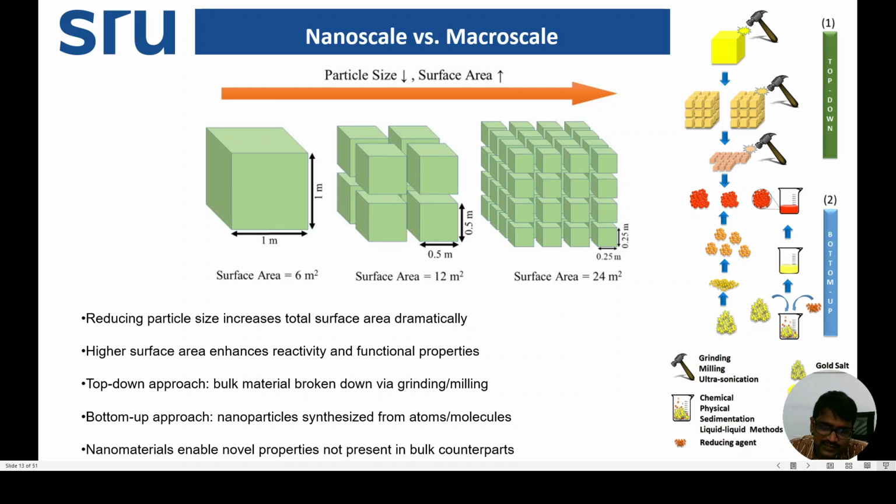Whenever you break the material into several parts, more surface area comes into the picture to expose.